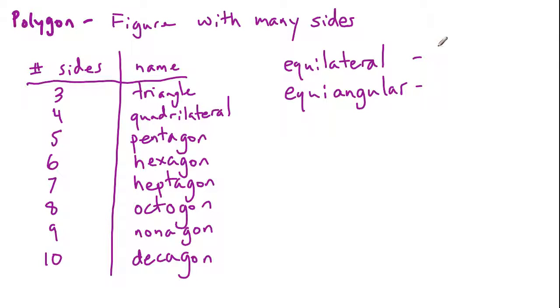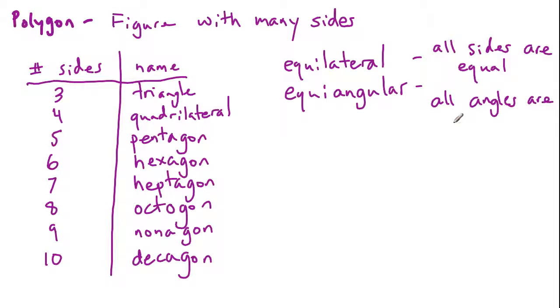Equilateral means all sides are equal. Okay, and equiangular, all angles are equal. Okay, so you make sure to write that down.